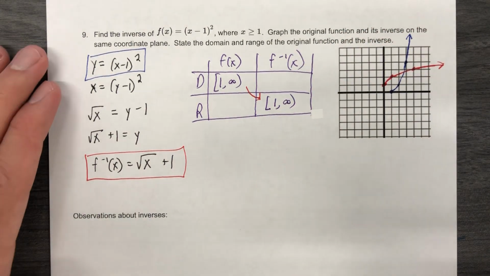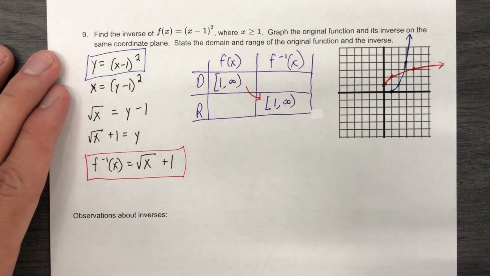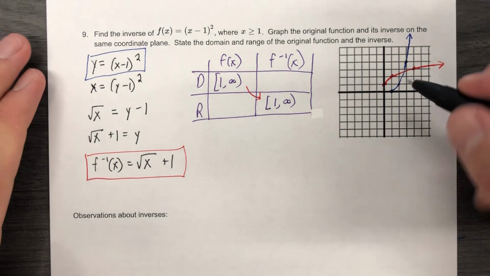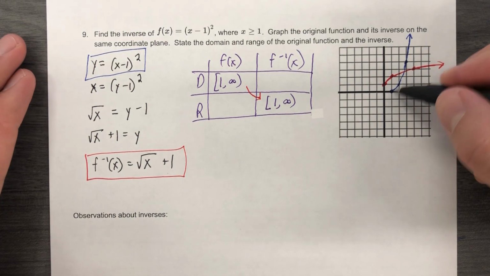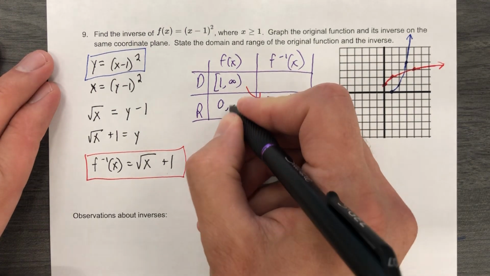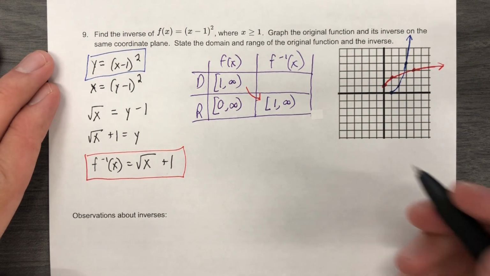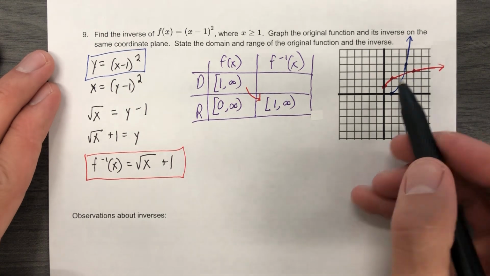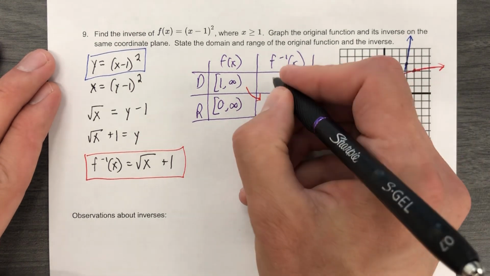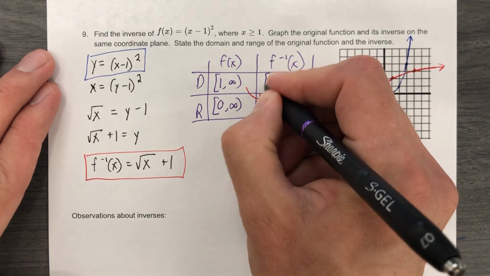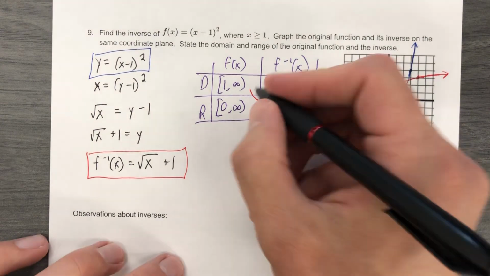The range of the original function, the blue one, is going to start at 0 and go up to infinity, so from 0 to infinity. And that would correspond to the domain of the inverse, which makes sense, from 0 to infinity. So from 0 to infinity, there it is, and draw little arrows if you like.